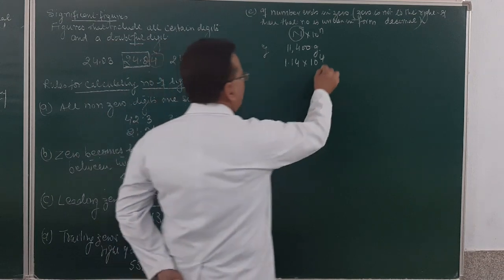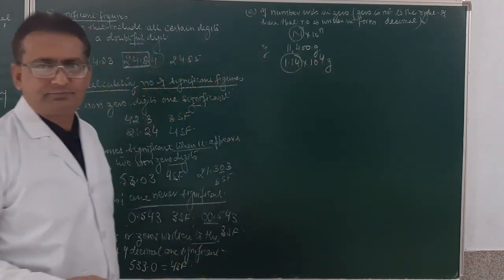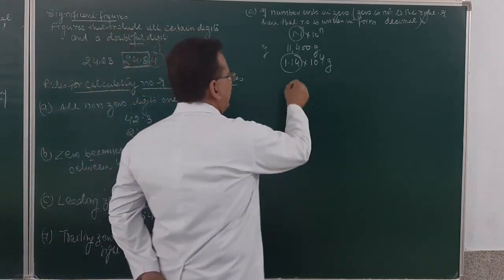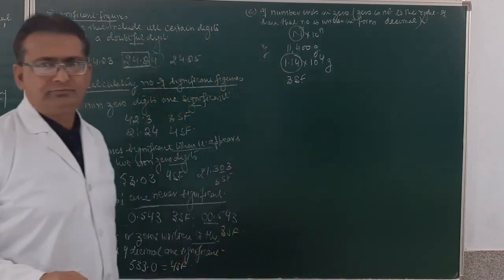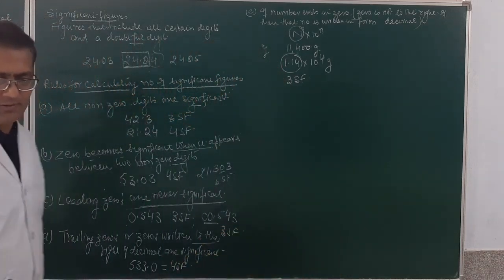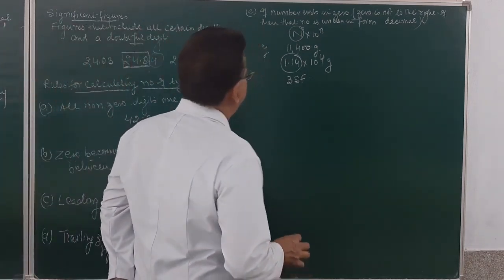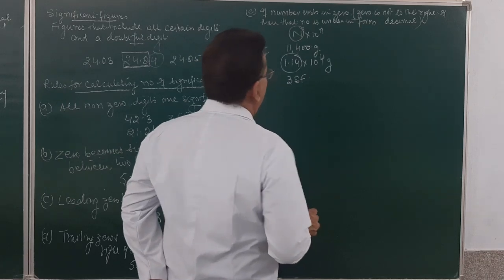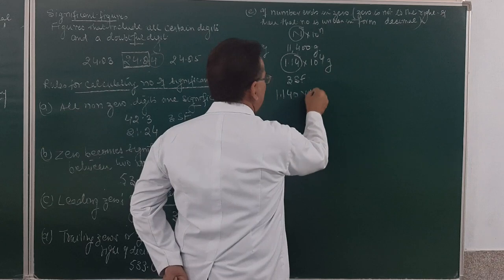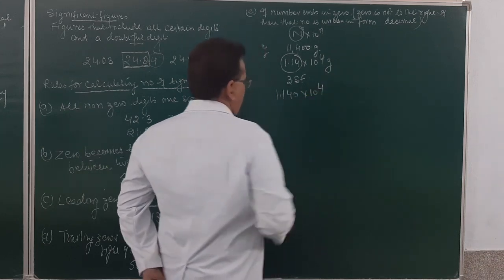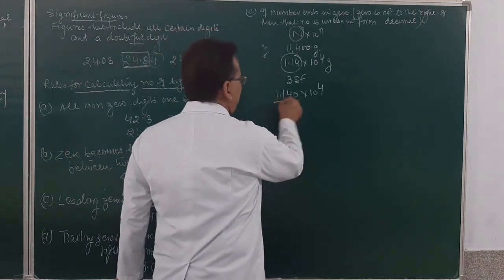Now here, this number will account for significant figures, and the number of significant figures over here will be 3. If I write this number as 1.140 into 10 raised to power 4, then how many significant figures? 4.